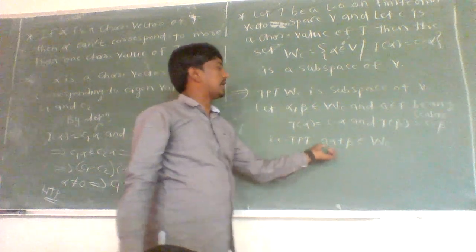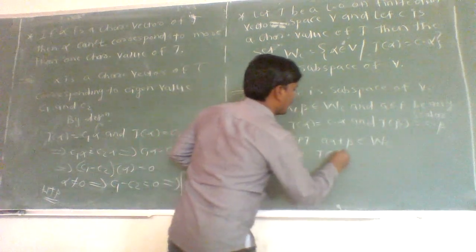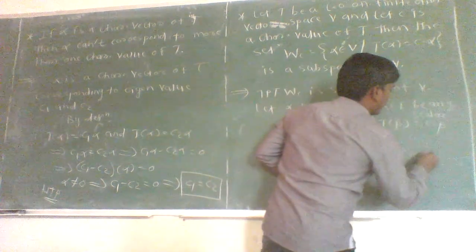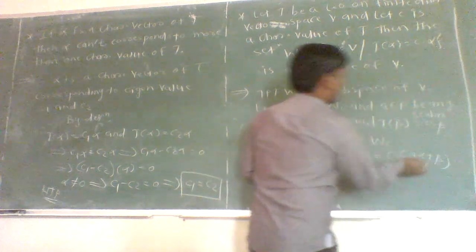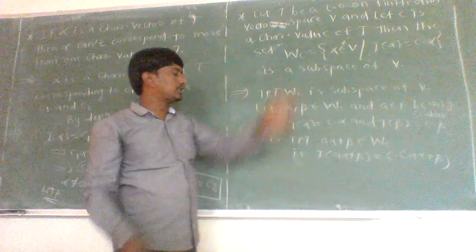A alpha plus beta belongs to WC if and only if T of A alpha plus beta is equal to C into A alpha plus beta.